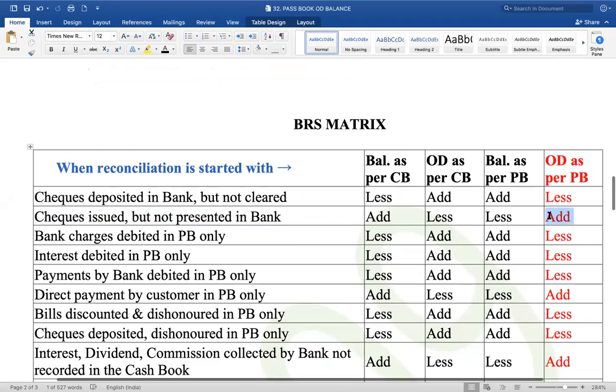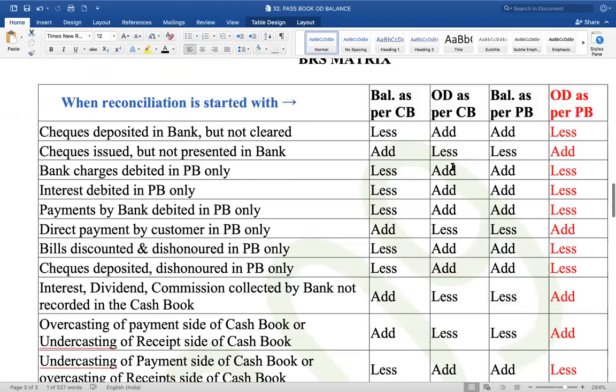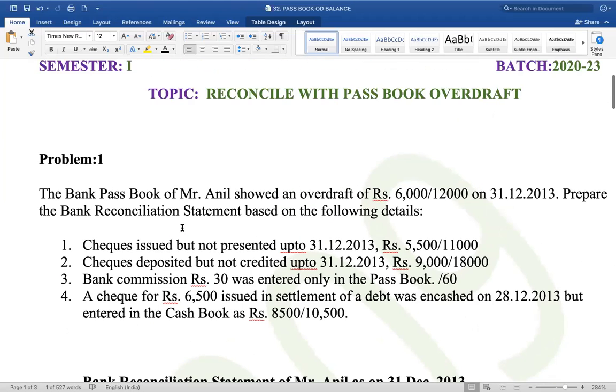That's what you did. Checks issued but not presented, 5,500 is added.